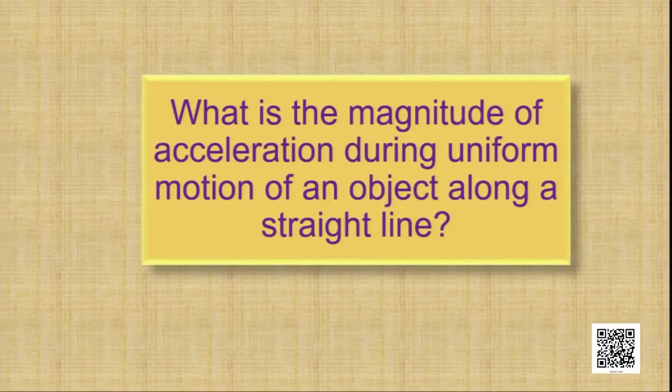I hope you understood that. Coming to the final question for today's session, what is the magnitude of acceleration during uniform motion of an object along a straight line? It's quite related to the previous question also. As we discussed, during uniform motion, the velocity remains constant.